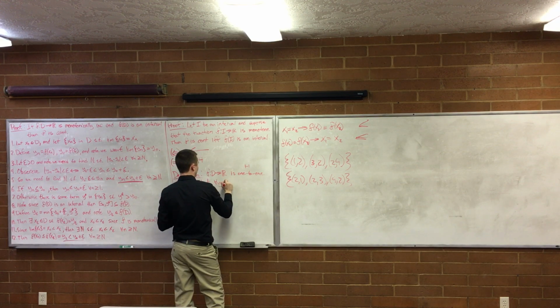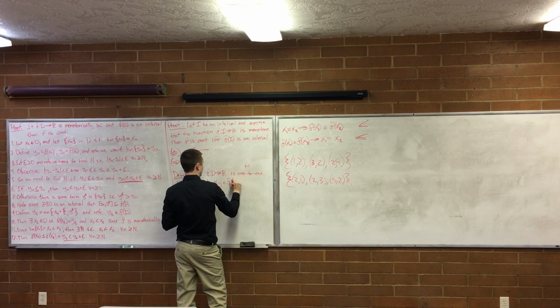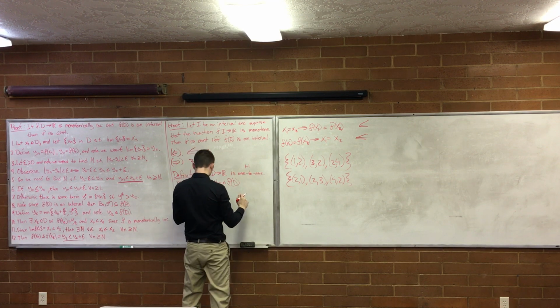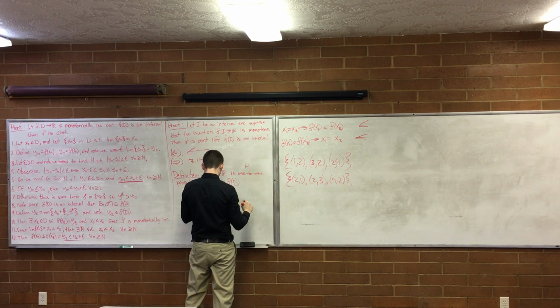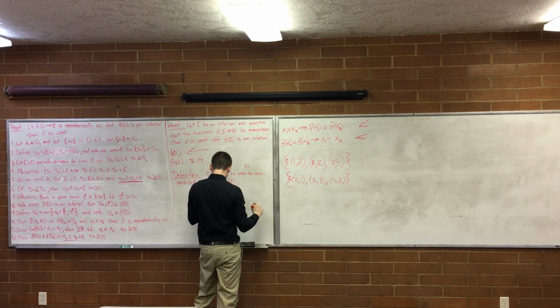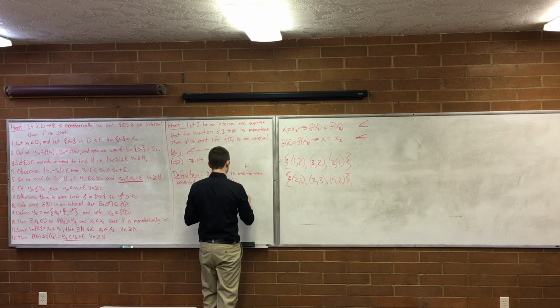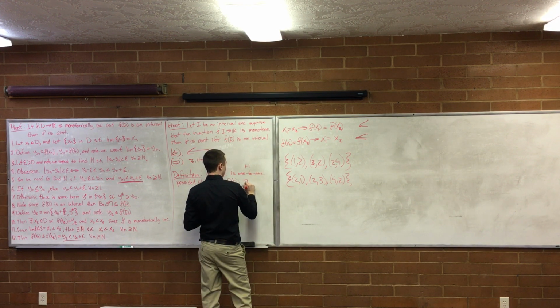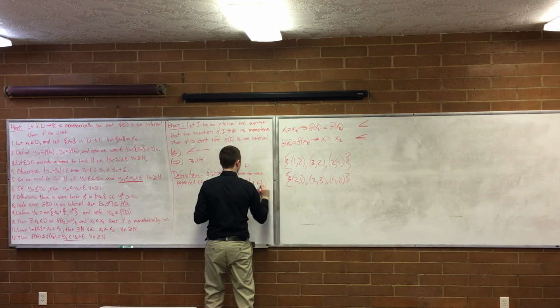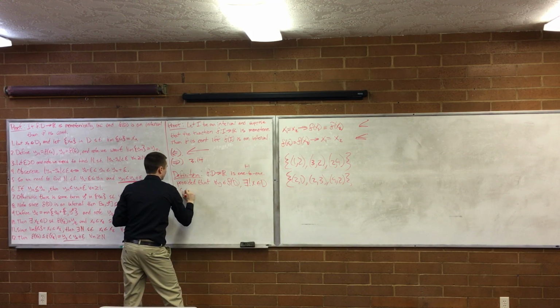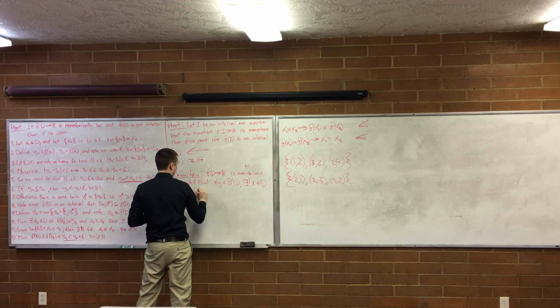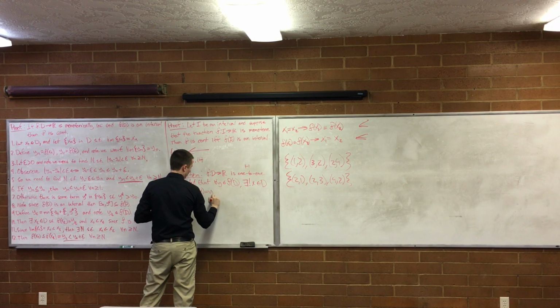for all y in the image, there's one and only one x in D such that f of x is equal to y.